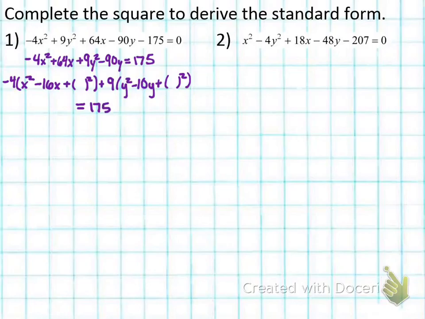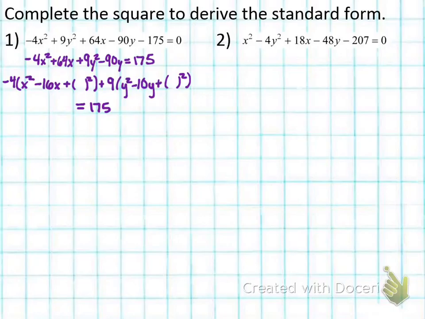Okay, here when I factor out the -4, I'm left with x squared. When I factor out the -4 from here, I'm left with -16x. Okay, when I factor out the 9, I'm left with y squared, and when I factor out the 9 from here, I'm left with a -10y. Okay, and again, I've left space to complete the square in both of those.